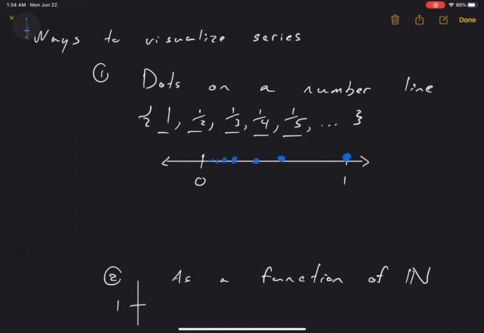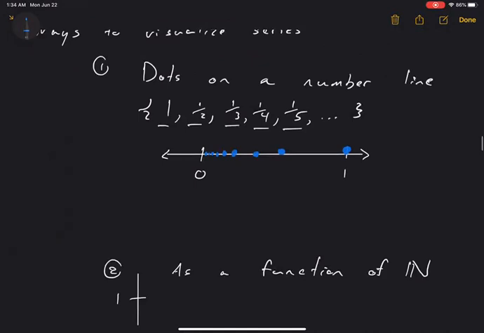And so I can picture these as dots going here. So that's one way to picture these sequences. And this graphical stuff gives good insight into what's going on. Looking at this number line, I can tell what my points are doing.